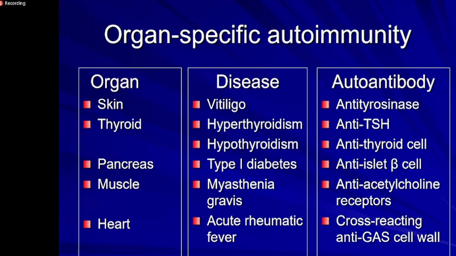And as you rotate in the clinical areas, you see patients with skin conditions, and you hear our senior colleagues talking about diseases like vitiligo, which means that the skin is being targeted by specific antibodies. When you talk about the thyroid, you hear about hyperthyroidism and hypothyroidism. For the pancreas, you hear people talking about type 1 diabetes; for muscles, myasthenia gravis; and for the heart, acute rheumatic fever.